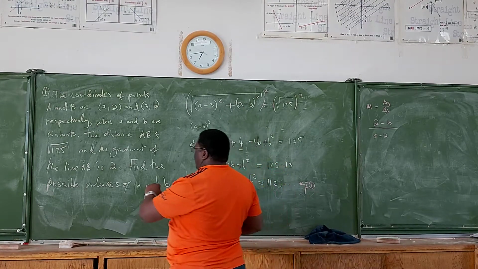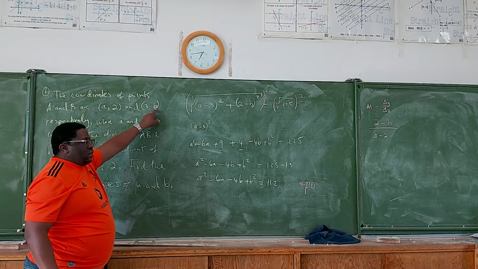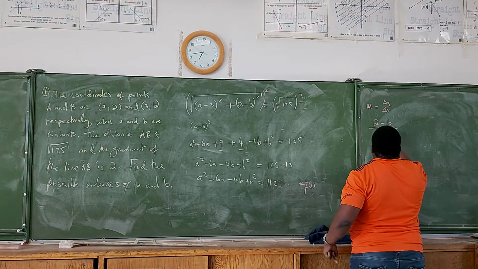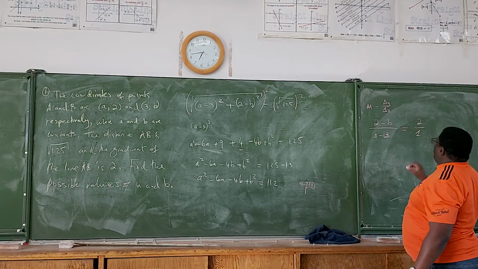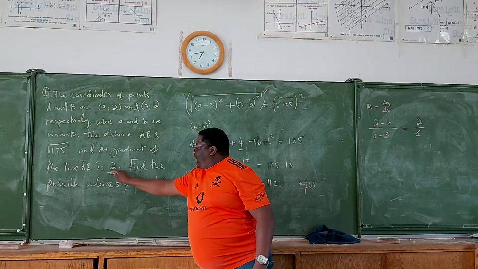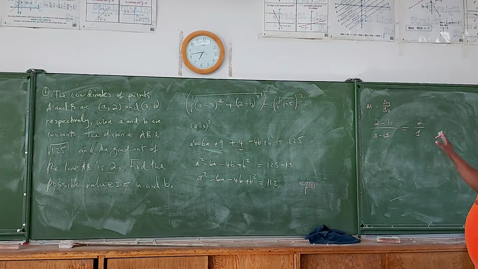Let's come to the point: 2 minus b over a minus 3. We know that this is supposed to equal what? 2 over 1. It's equal to 2. Right? Is it not so? Exactly.